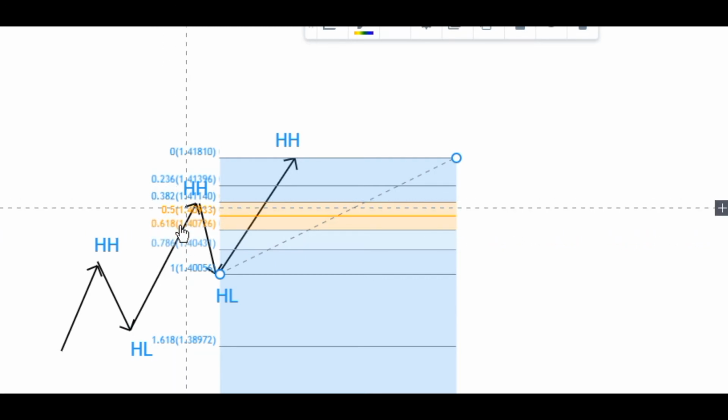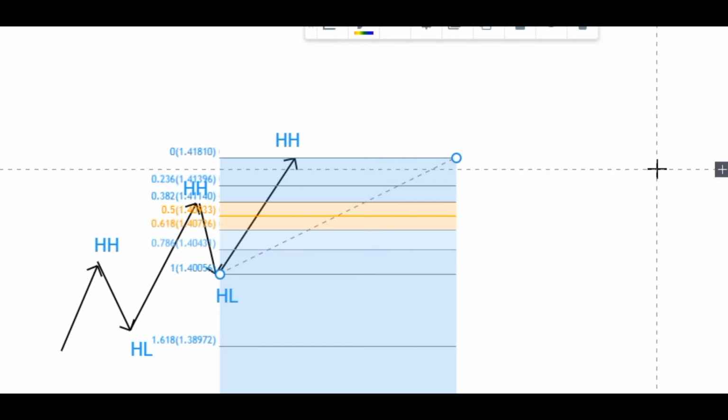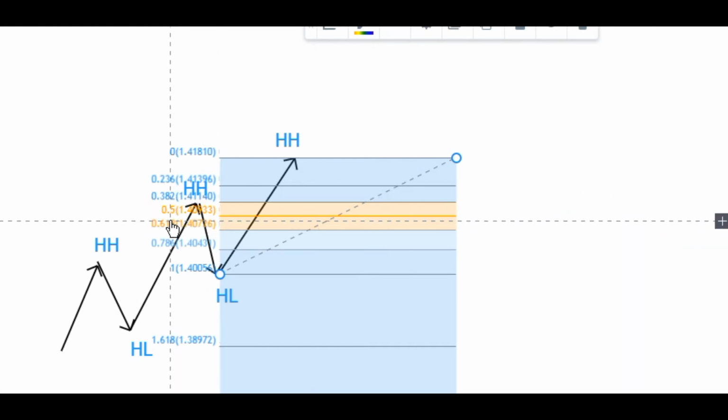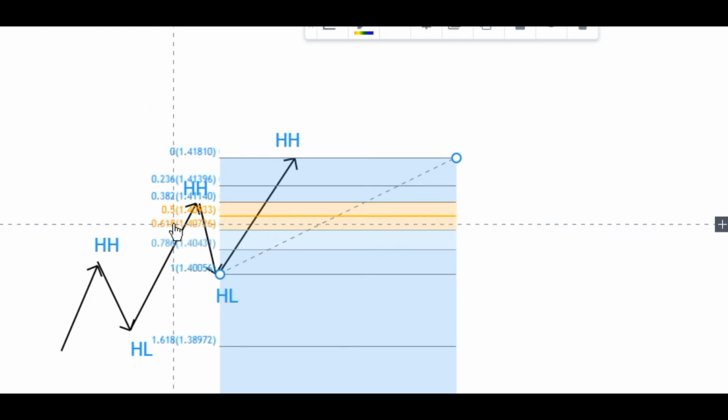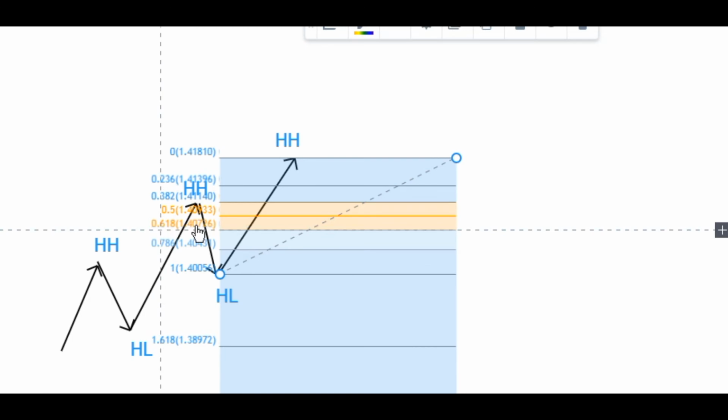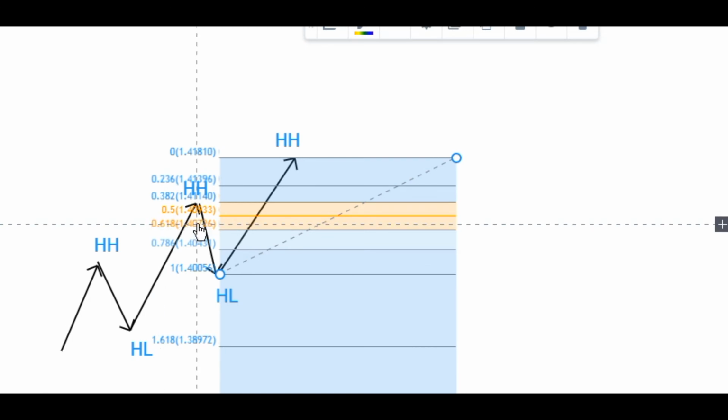But what I do is I mostly trade the 0.5 and the 0.61 numbers. They are also percentages, so the 0.5 is also the 50% and the 0.6 is also the 60%.